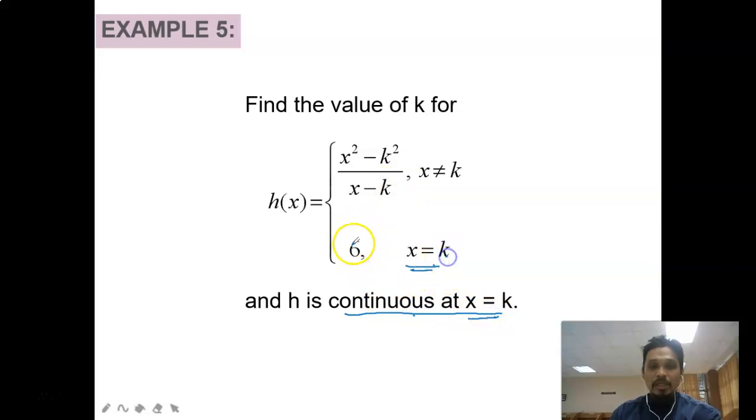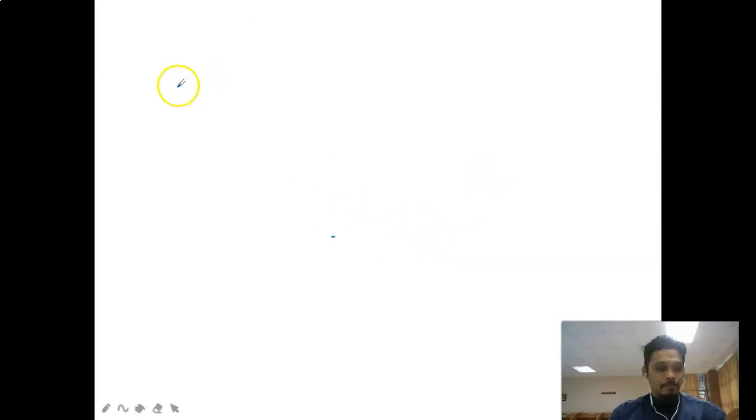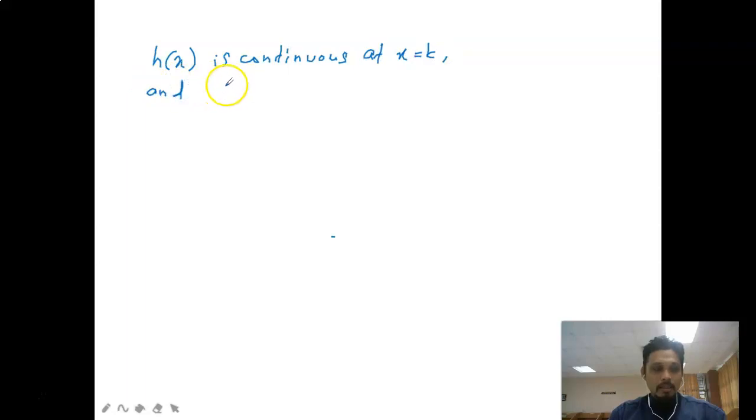When x equal to k, then h(x) equal to 6, meaning this function and this value of 6 are in one line or one graph. Okay, now, h(x) is continuous at x equal to k, and h(k) equal to 6. Okay, so please refer to the question again.